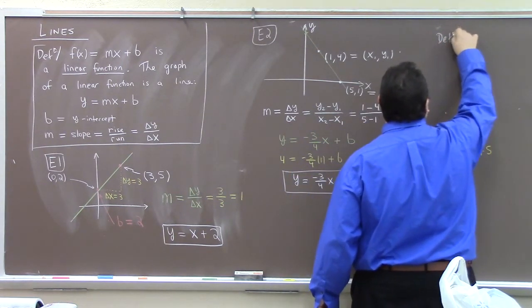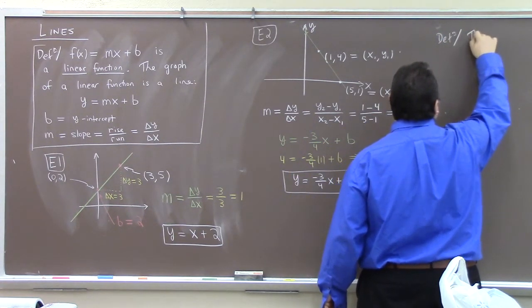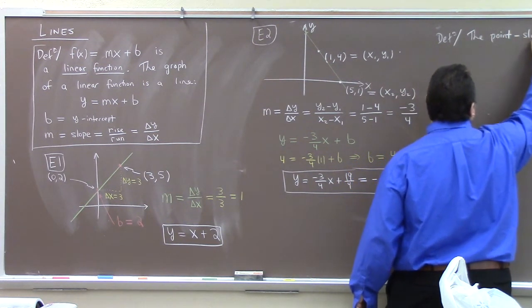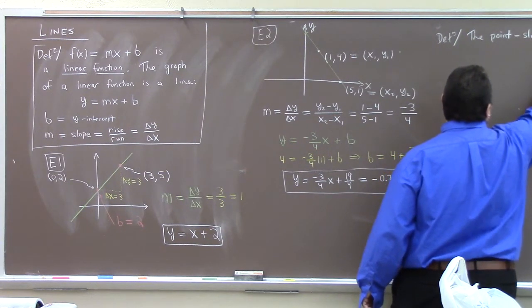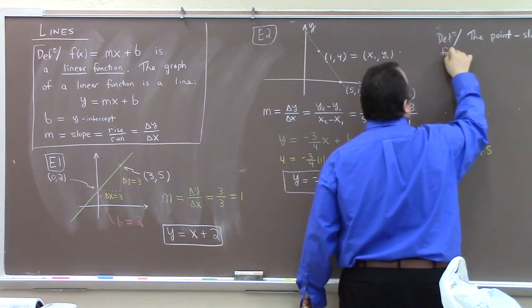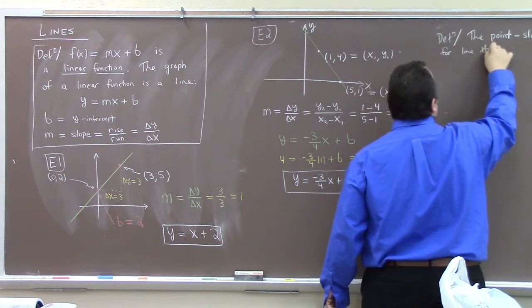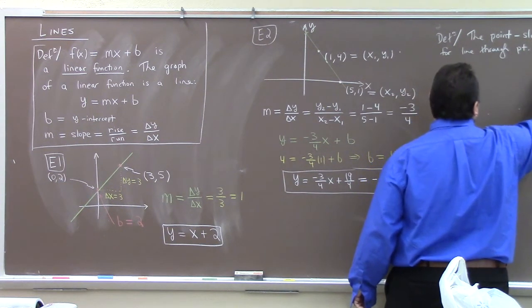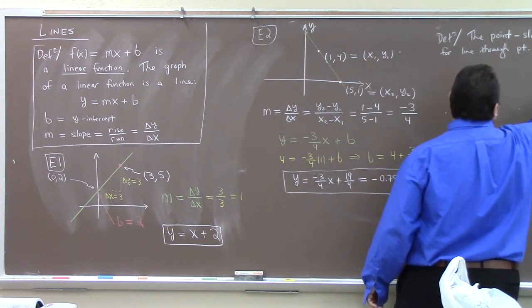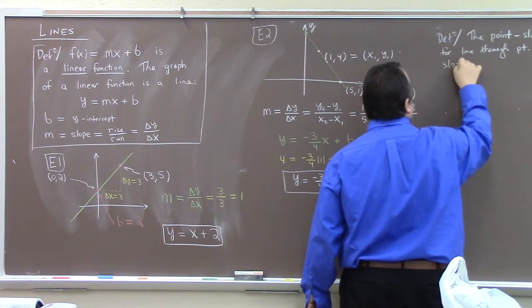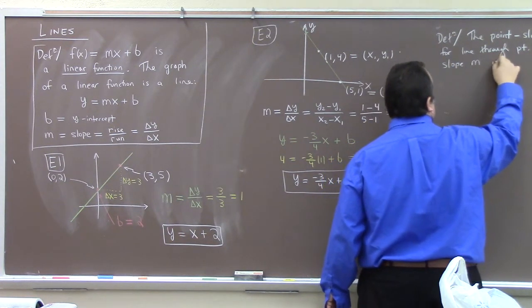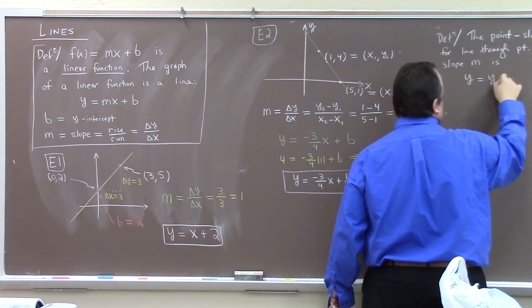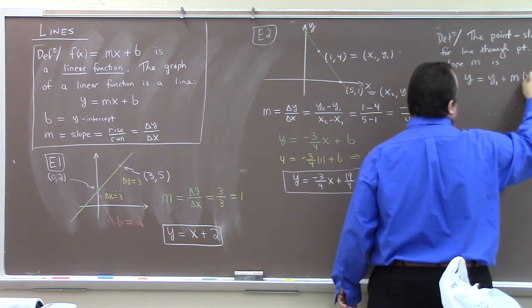So, definition: the point slope formula for a line through point, let's say x1, y1, with slope m is y is equal to y1 plus m times x minus x1.